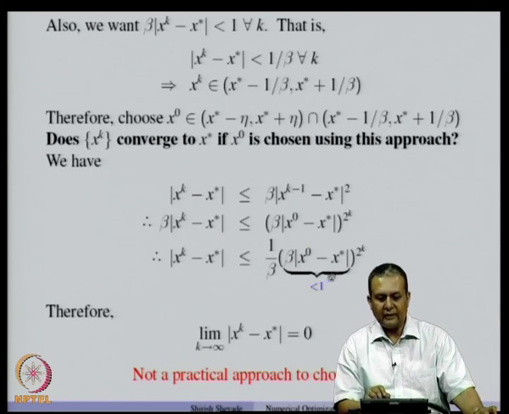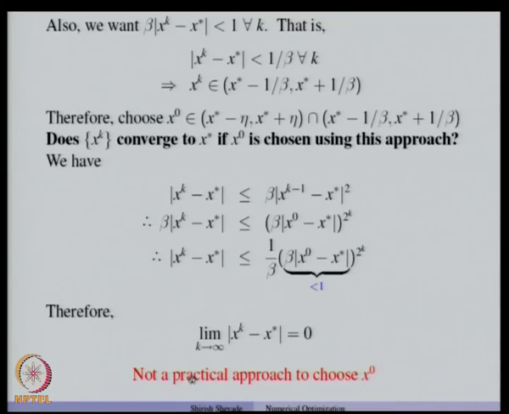So, this quantity is less than 1. Therefore, mod x_k minus x star is less than or equal to 1 over beta into a very small quantity as k increases, and that quantity will go to 0 as k increases. So, therefore, the limit as k tends to infinity of mod of x_k minus x star becomes 0.